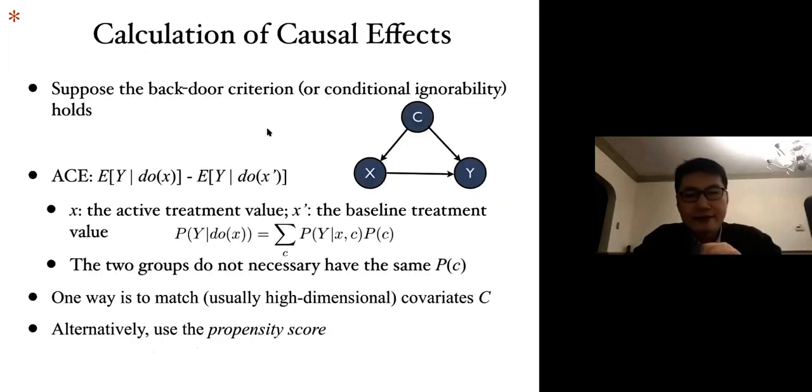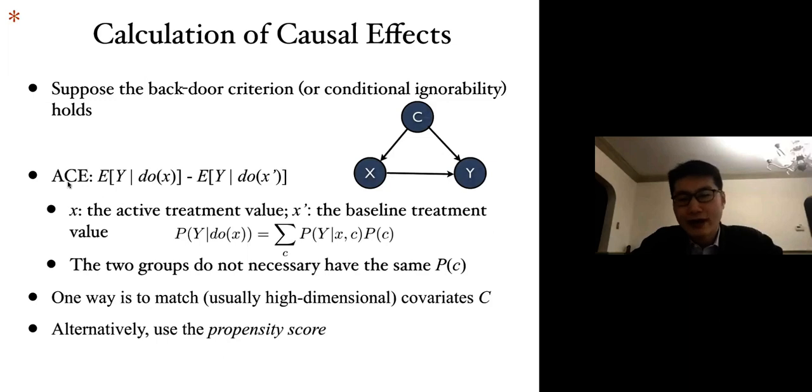And the last thing regarding identification of causal effects is the definition of propensity score and how to use it. So let's consider this example. Here we have a lot of covariates, other features, and we have x, y. We want to identify the causal effect of x on y. And in the general case, we just use the probability distribution of y given x to denote this causal influence.